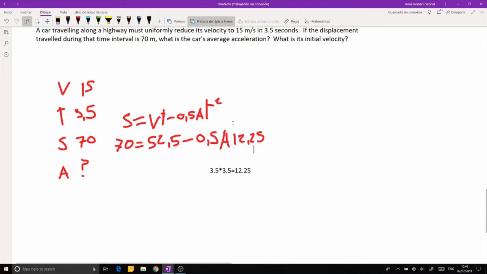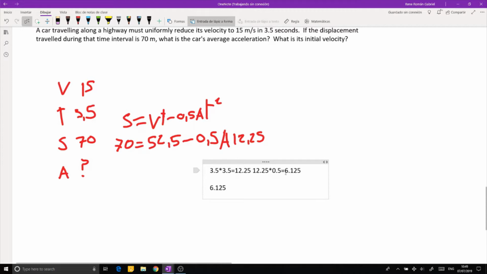Times 0.5 equals 6.125. So that's what those parts give us.